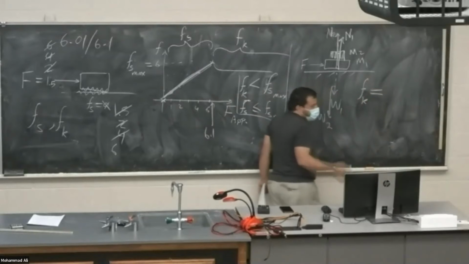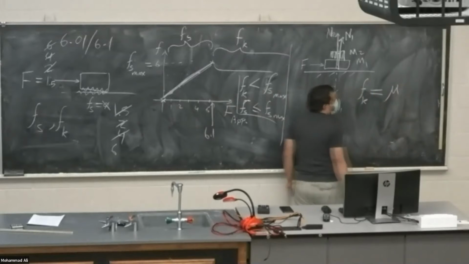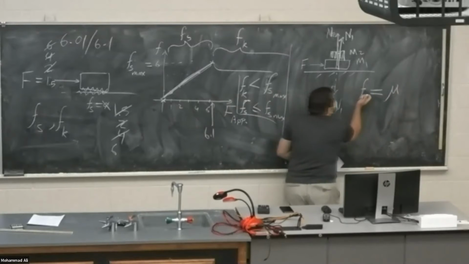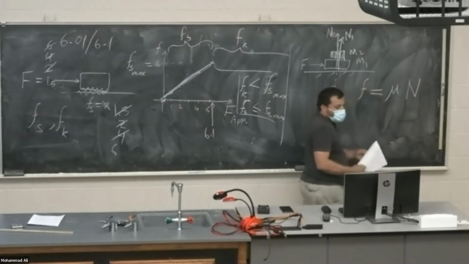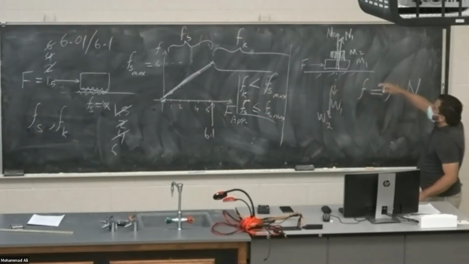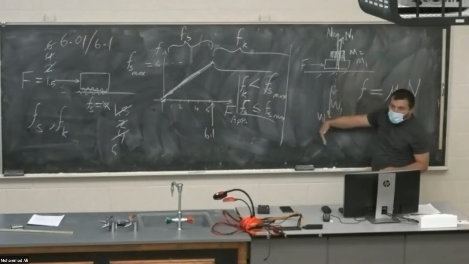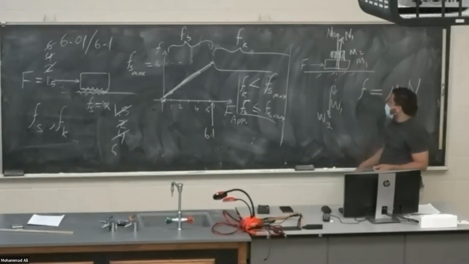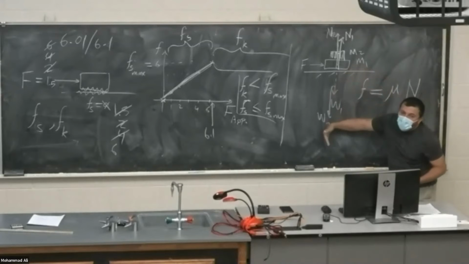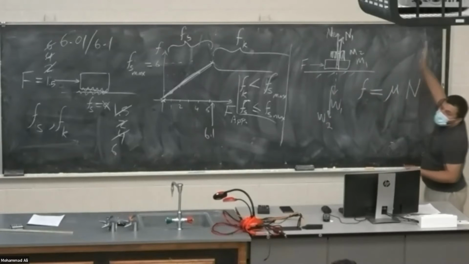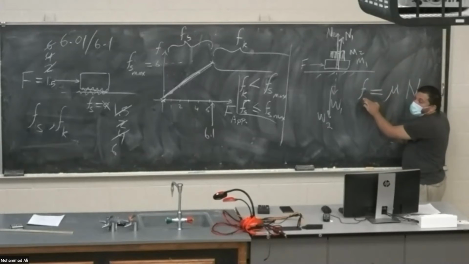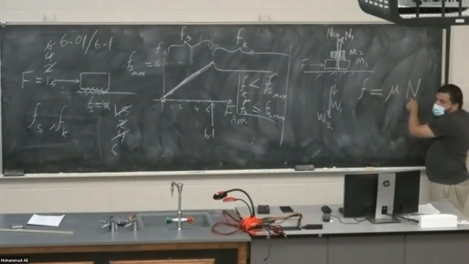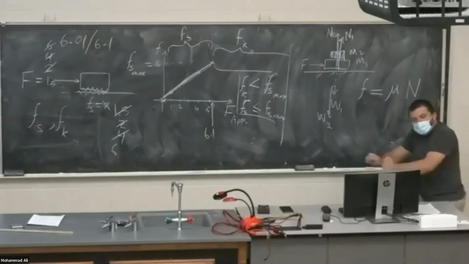This will be equal to something constant. The frictional force in general is equal to some constant multiplied by the normal force. The normal force is equal to the weight downward, as we said yesterday. If we increase the weight, then the normal force will also increase, right? Yes or no? The answer is yes. So the frictional force depends on the weight. Because of that, if you put more mass, you need more force to push.